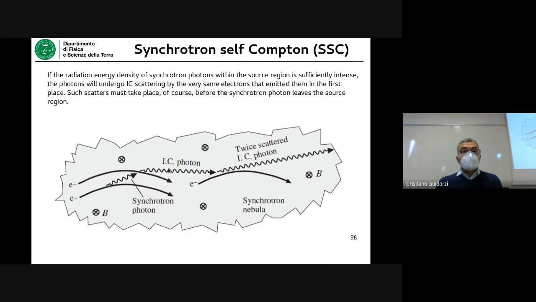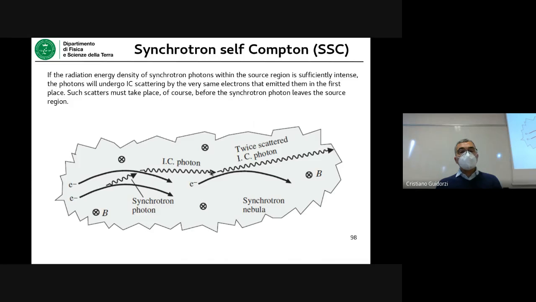And then, again, if the region is particularly large enough to have an optical depth which is large enough to make the probability not so negligible, it can be upscattered twice. But if you remember, at each upscattering, the photon gains a factor of gamma squared.